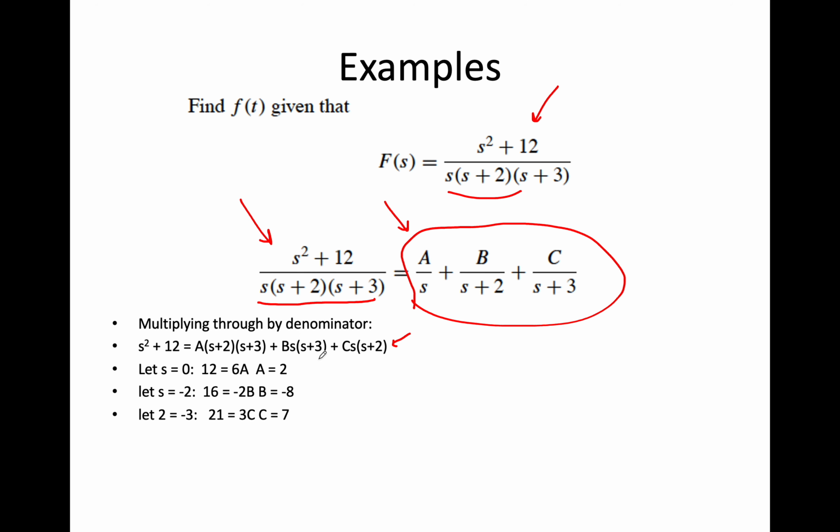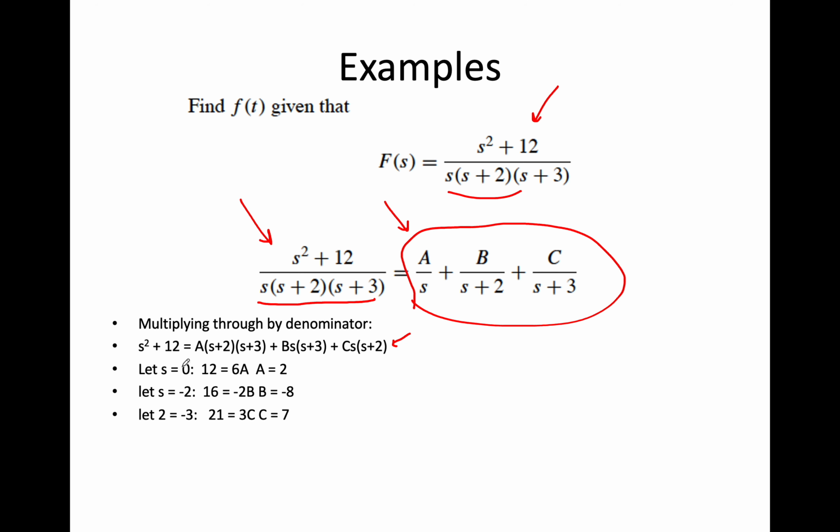The goal here is to find out what a, b, and c are. The thing to realize algebraically is that this equation has to hold true independent of the value of s. So you pick convenient values of s that make a lot of stuff drop out, and typically, if you have non-repeated roots, the easiest thing to do is to pick the poles.